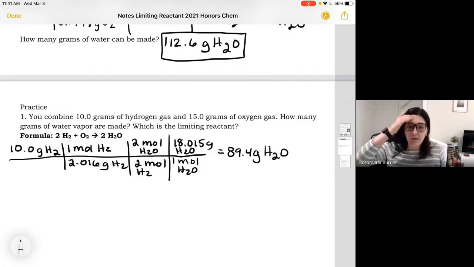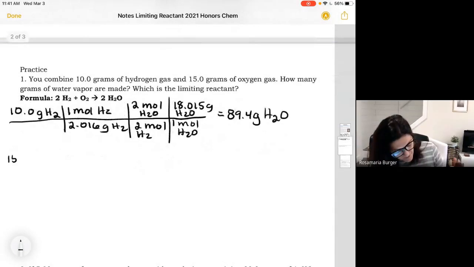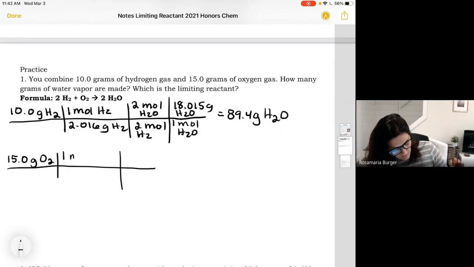That's a lot of water coming from 10 grams of hydrogen. So let's check out oxygen gas. So we have 15.0 grams of O2. Okay. For every 1 mole of O2, I get 31.998 grams of O2.